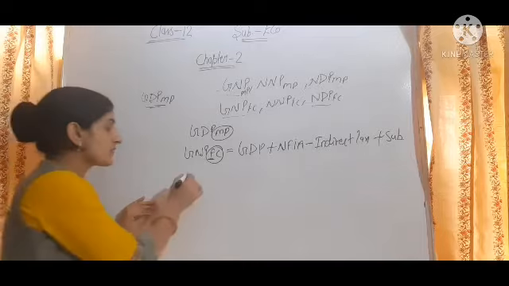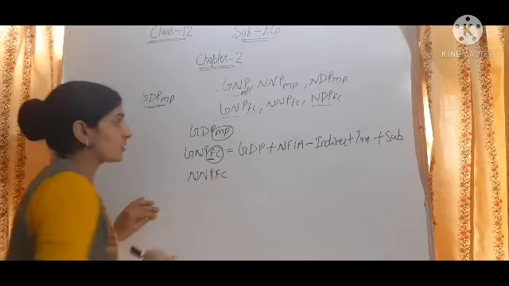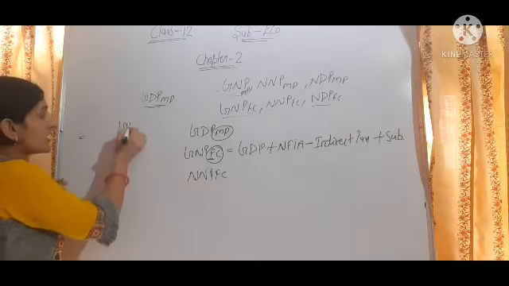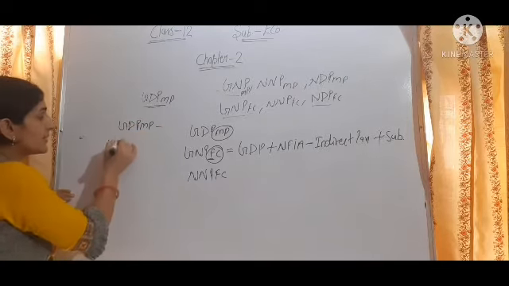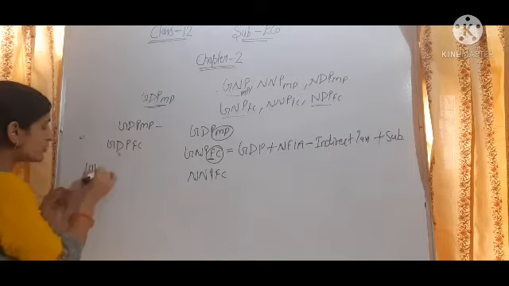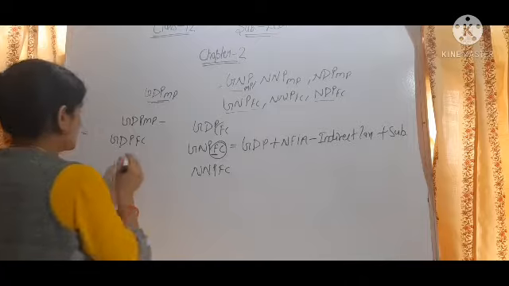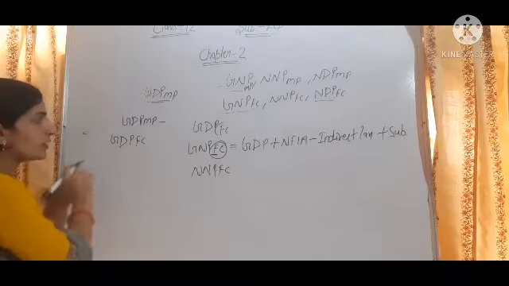Okay, next we have NNP at factor cost. If simply we are asked that we have been given GDP at MP and we have to make GDP at FC, what we will do? We have to convert this MP into FC.